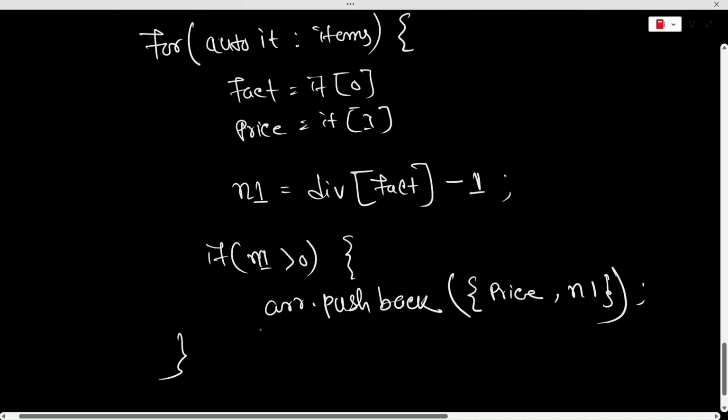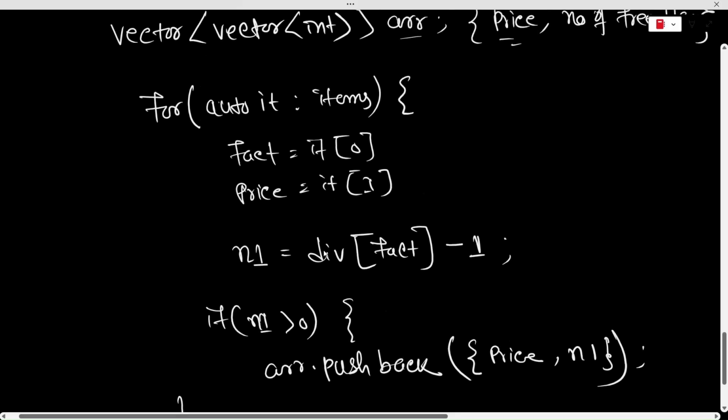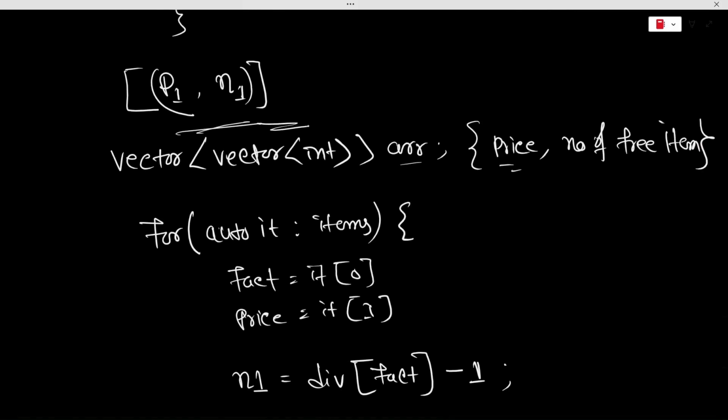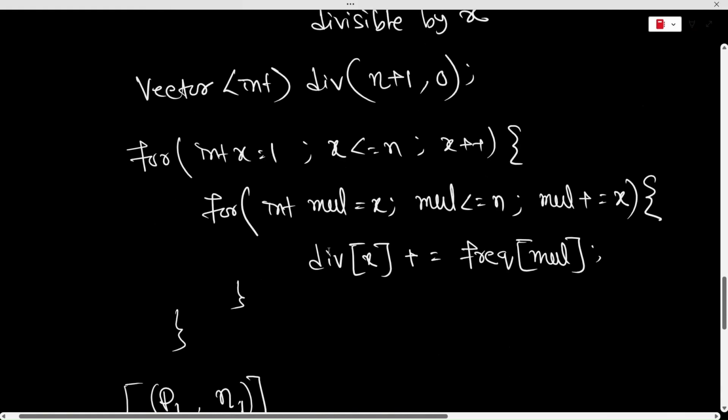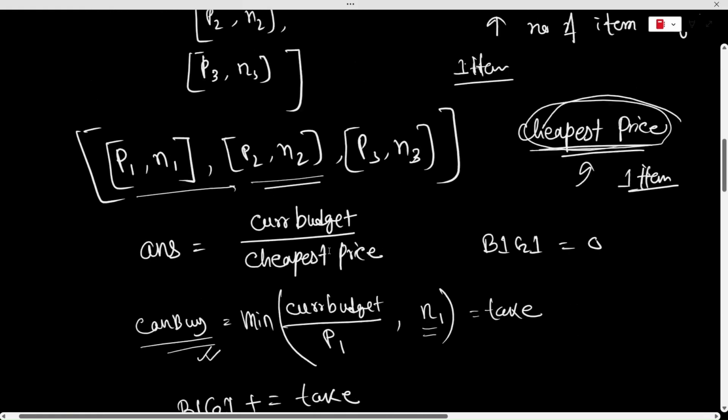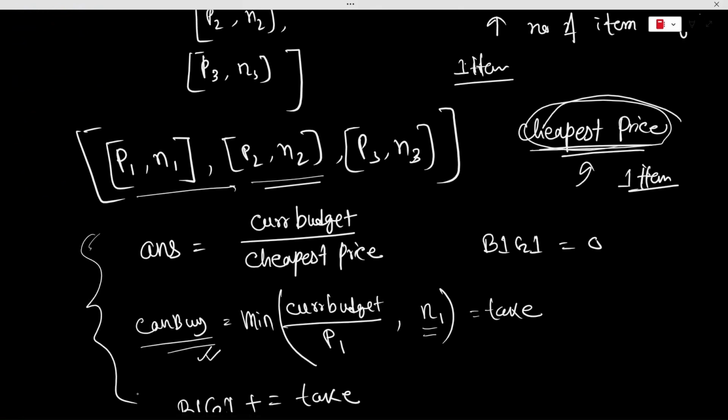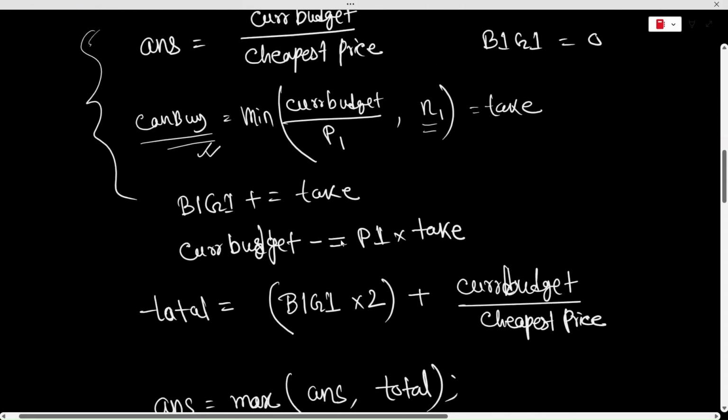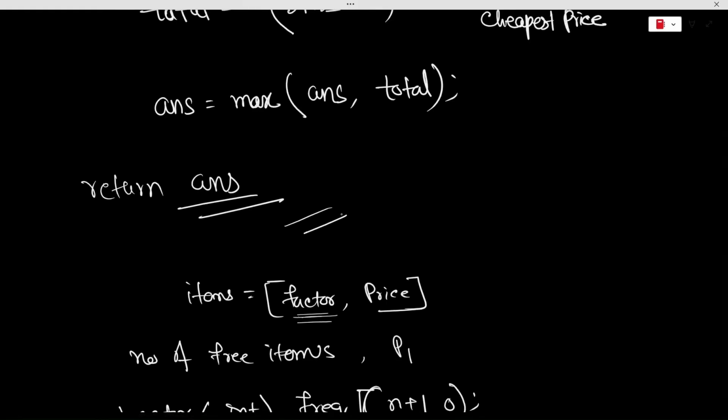And that is all. After this, we'll get this array, and if we are able to get this array, then we can easily do these steps and we will get our answer at the end. So I hope you have got the approach over here. Now let's see the code. We will get it better.